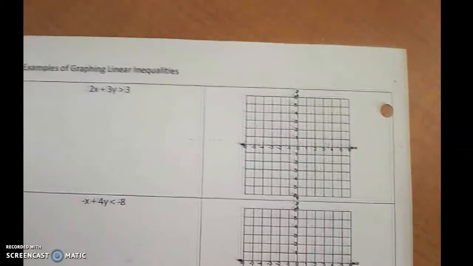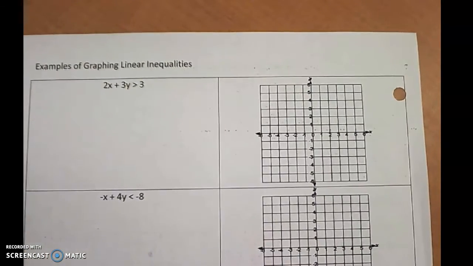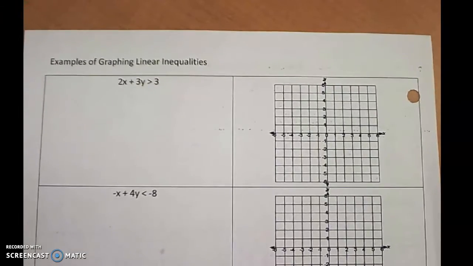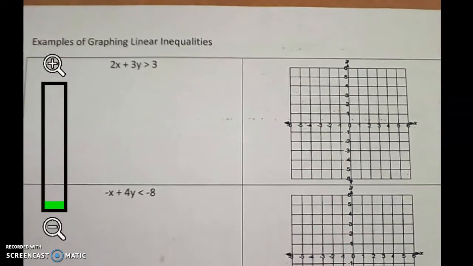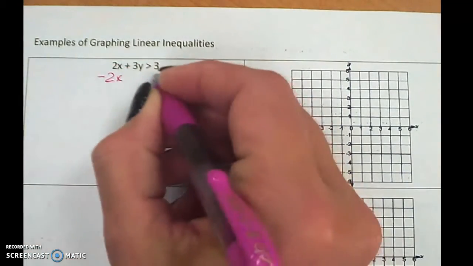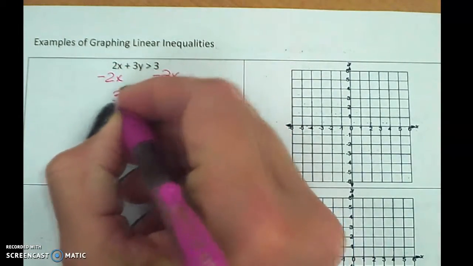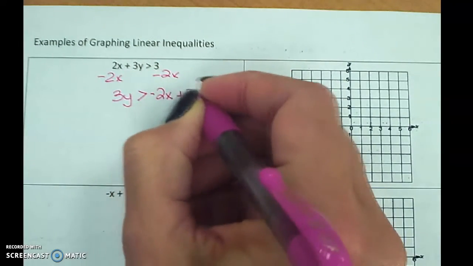Okay, so let's see how these look. We're going to do these together. So the first one is not solved for y. How do we solve this for y? The first step, and you should be thinking about this with me as I do it with you: we subtract 2x on both sides. We get 3y is greater than negative 2x plus 3.